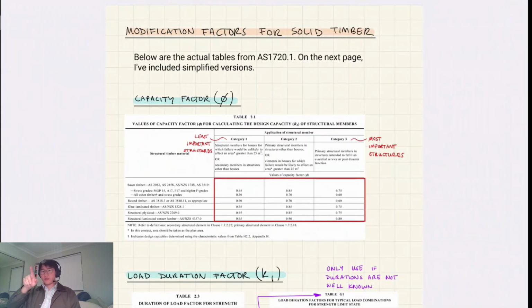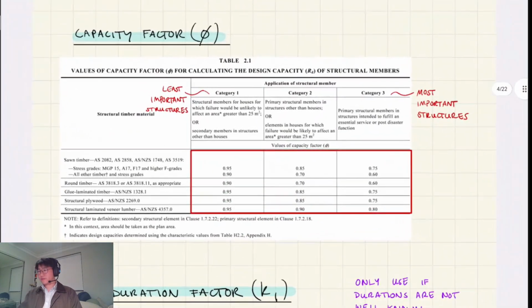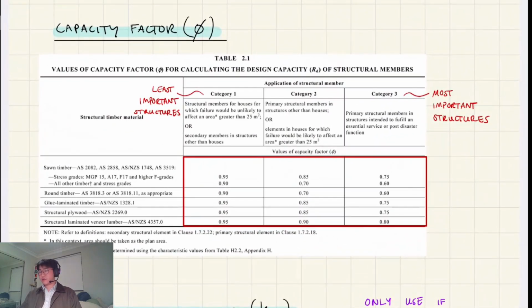So for the capacity factor in timber, there are multiple reduction factors that we have to consider. And capacity factor is just one of them. Essentially it's a function of two things. The first is the thing that you're building, the thing that you're designing for, aka how important is your building, which is a concept that makes a lot of sense if you think about it, but isn't in the other material standards like concrete and steels.